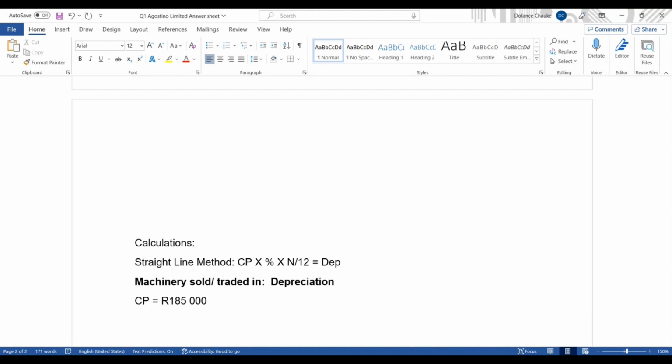And then we have to determine the percentage to calculate depreciation. Check the percentage on the question paper. How much? It's 15%.